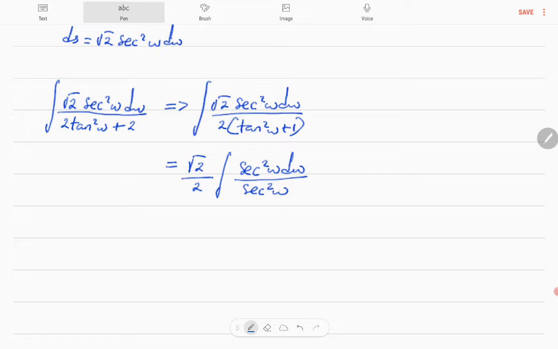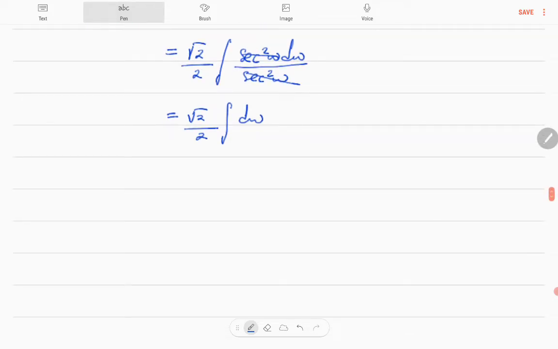Dividing the numerator by denominator, you'll be left with root 2 divided by 2 integral of dw, and when you integrate dw, you have root 2 divided by 2 w plus c.